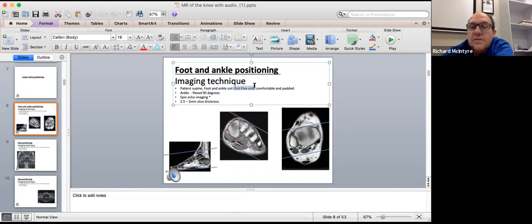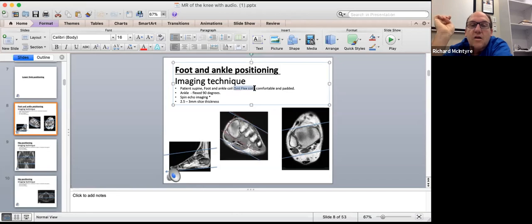It's positioned perpendicular to the Z gradient, because we get our spins in the transverse plane, and we don't want to position our flex coil parallel with that transverse plane. Of course, the patient has to be comfortable and padded.